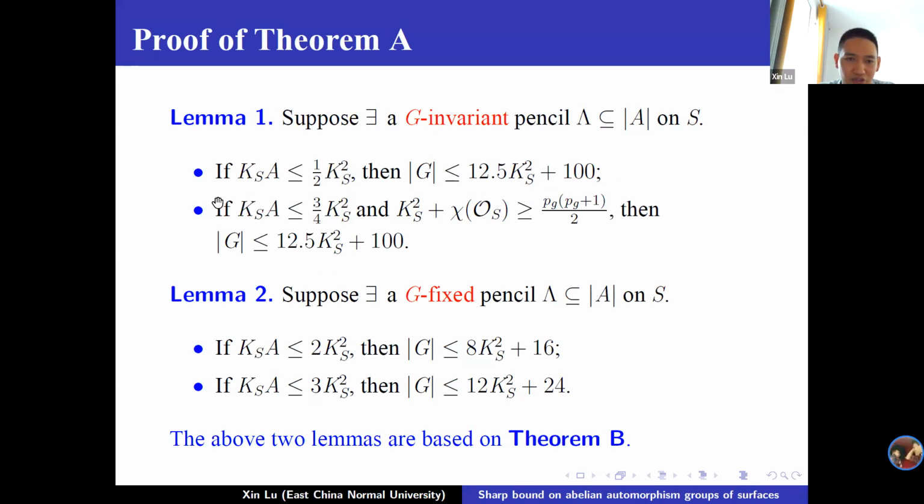And also if Ks square is smaller than this number, and we have some other assumptions, then we can also get this upper bound. And also if we start from a G-fixed pencil, then we will also get our upper bound. These two lemmas are based on theorem B, as you can see here.